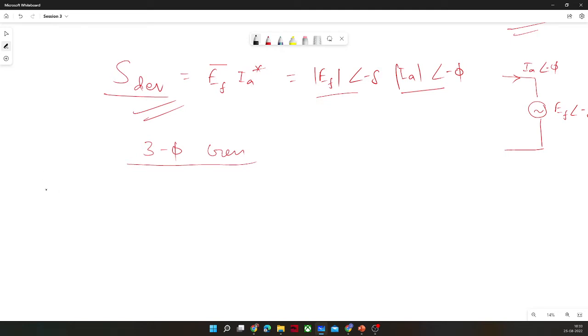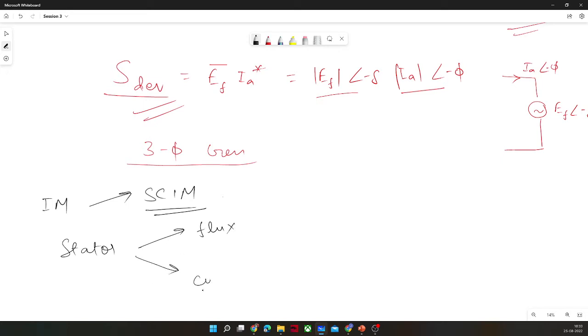Because what happens in an induction machine? Let's take a squirrel cage induction machine, because that is the default and popular induction machine. The stator supplies the flux as well as power, and it has the induction property.